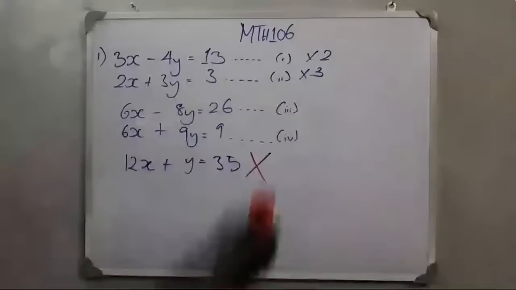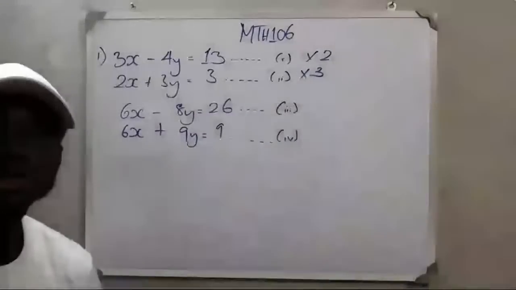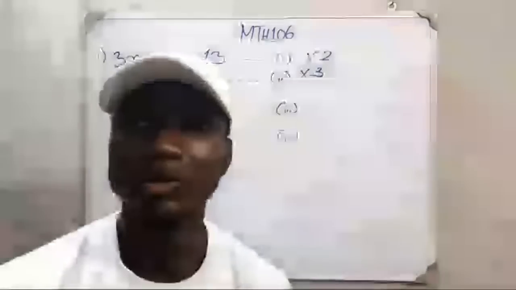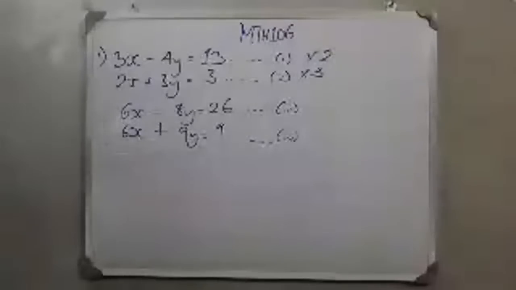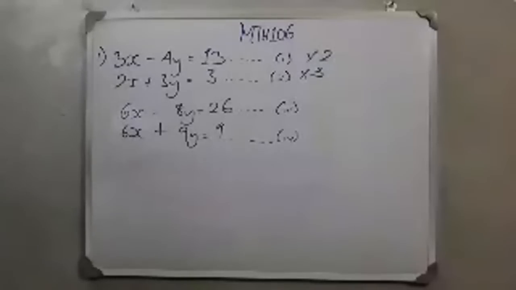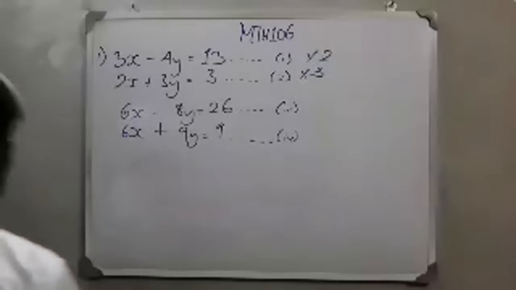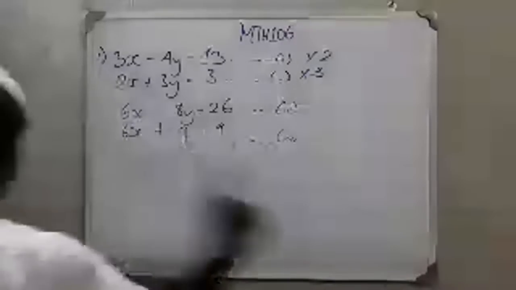So we have to go back to the drawing table and think of what we can eliminate, so that we can have just 1 unknown left.